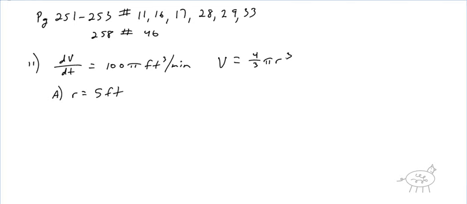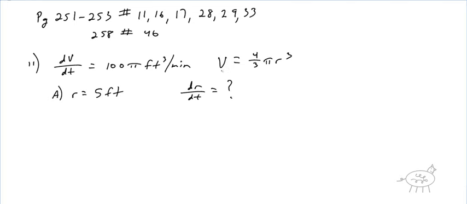And we're going to take the derivative of that because we're given dV/dt, and we're looking for, because it says how fast is the balloon's radius increasing, so we're looking for dr/dt, right? Change in radius with respect to time. All right, so let's take the derivative. V is equal to 4/3 pi r cubed.